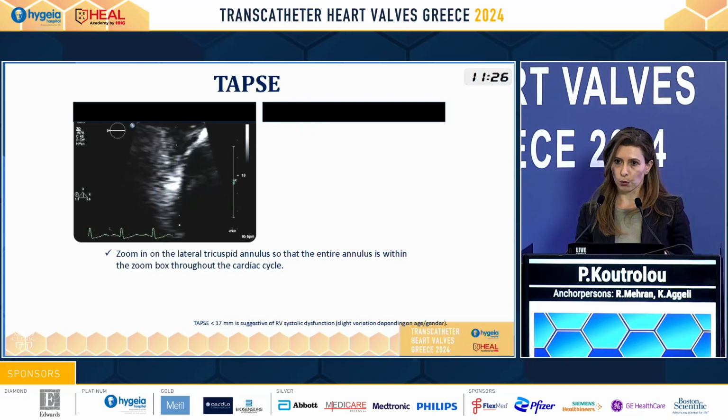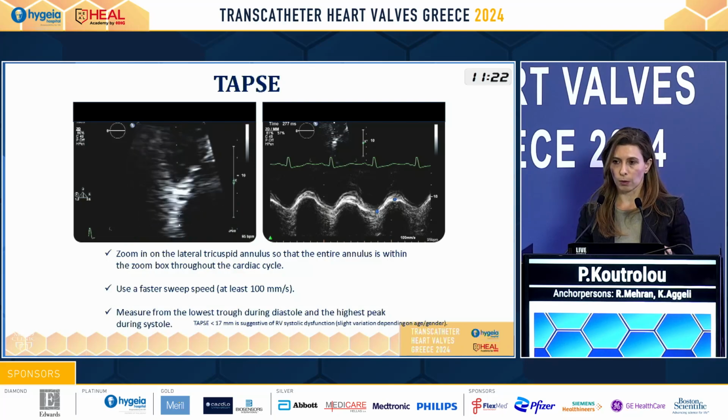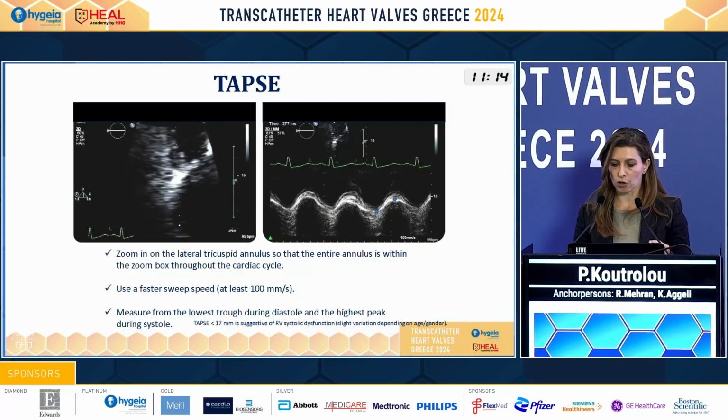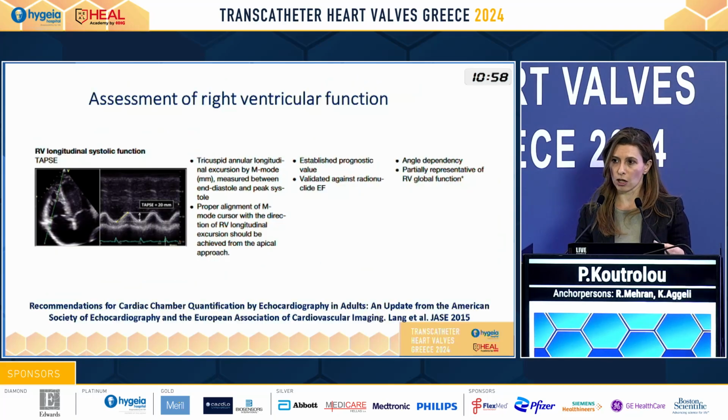What we do with the echocardiography is that we zoom at the tricuspid annulus and we place our cursor exactly at the lateral part of the tricuspid annulus, and we measure the distance through the M mode from the bottom of the diastole to the systole, the longest distance.